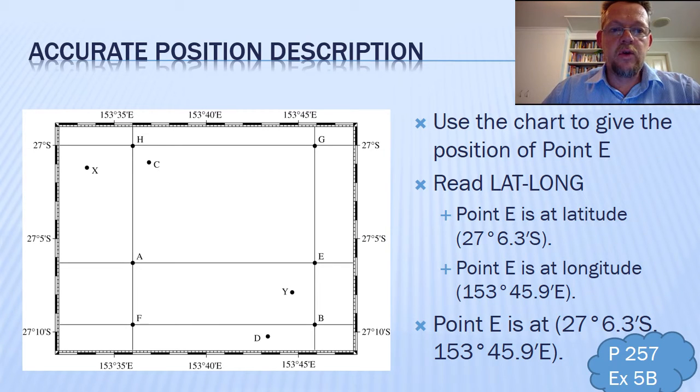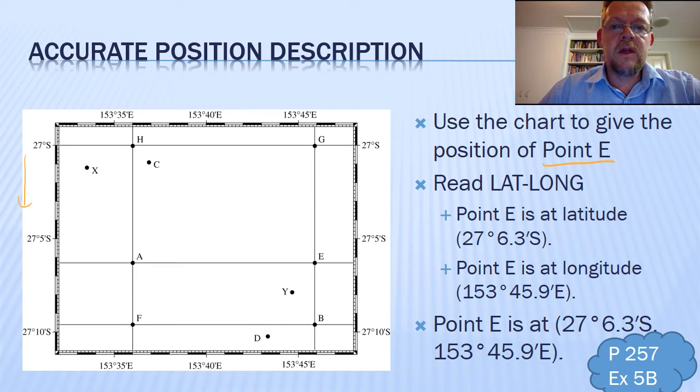So let's have a look at some positioning on a very small part of a chart. So this time we're going to use parts of a degree, and we're going to be looking for point E. So we're going to read lat long. So we need to read latitude first. Now the scale is increasing as we go down the scale, so that tells me that it's south, isn't it?